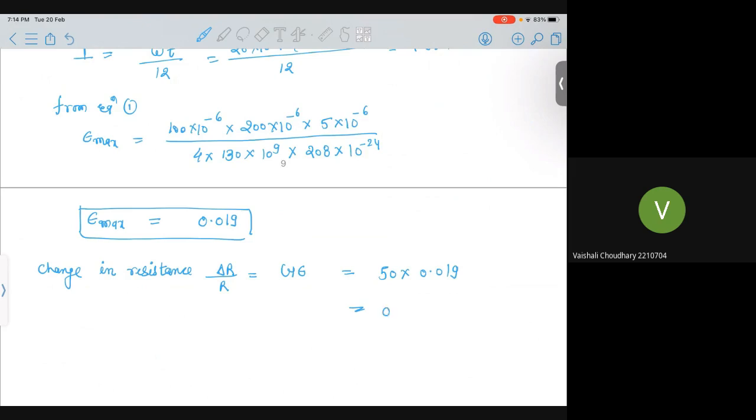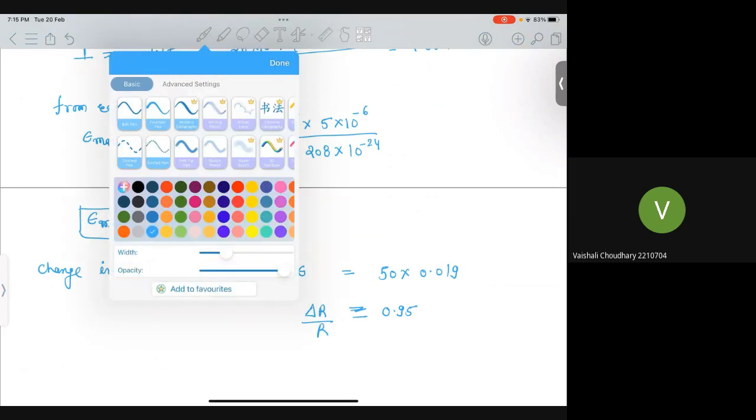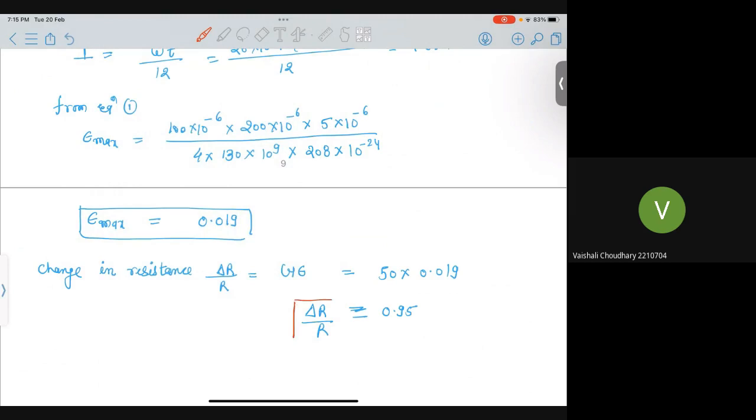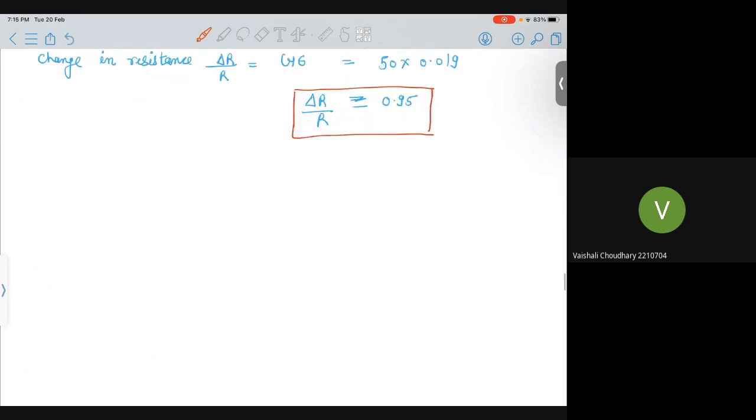This is around 0.95. So this is how you can calculate the change in resistance if we apply a force in a different direction, in a different way.